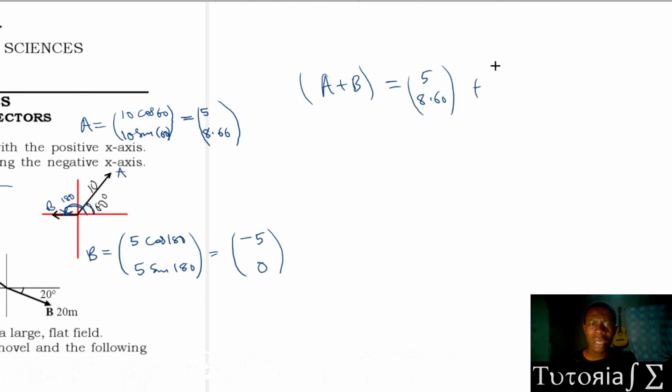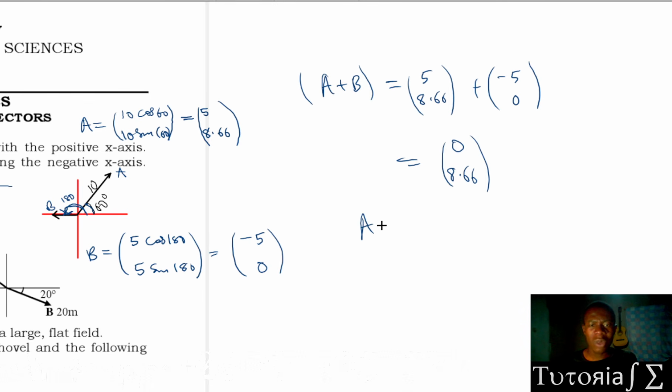Plus, what is your B? That is -5 and 0 there. So adding the two, we add across. So 5 plus -5, that will give us 0. 8.66 plus 0, that would be 8.66. All right, and that is the sum A plus B.